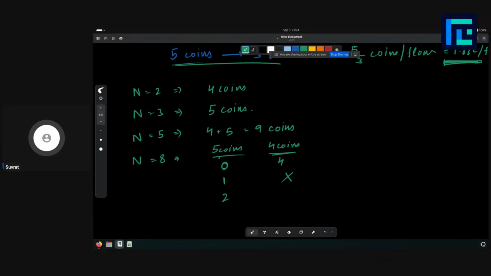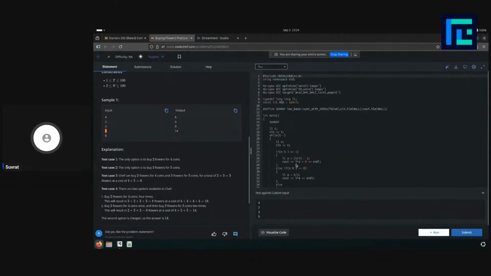If we do 2 transactions of 5 coins, then we'll be able to do one 4 coin transaction. Doing 3 is also not possible, because that would be 9 flowers. Since we need to maximize the number of 5 coin transactions, this would be our best possible answer. So 5 into 2 plus 4, which is 14 coins.